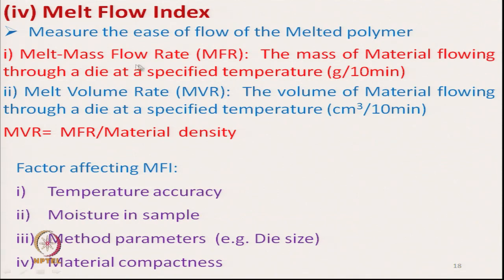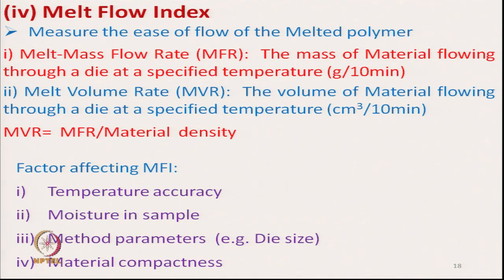Melt mass flow rate, called MFR, is the mass of material flowing through a die of a specific dimension at a specified temperature. The die specification may be different.